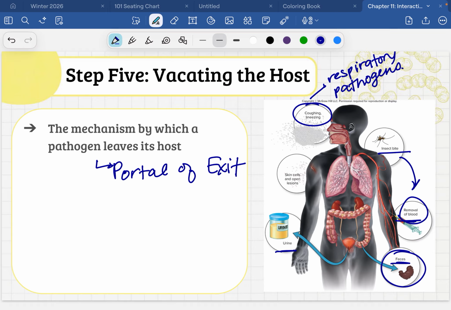Portals of exit and entry of different bacterial infections, I think is actually really interesting, because a lot of them are very unusual and somehow you wouldn't expect them. And so when we get to all the diseases in the fourth section, if you can't tell, that's my favorite section. I think it's the coolest part. We'll talk more about the particulars of vacating the host. But that is the last step in infection.